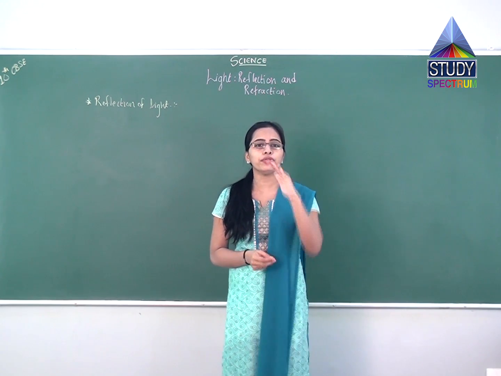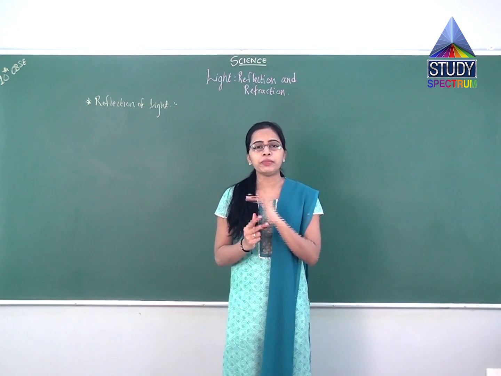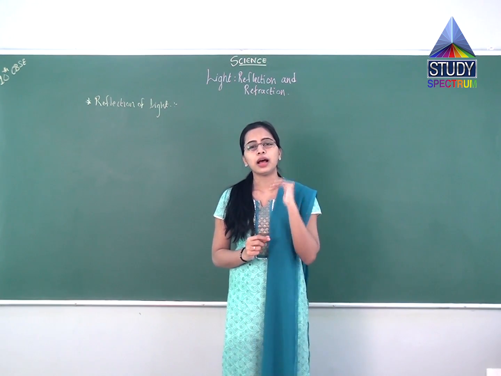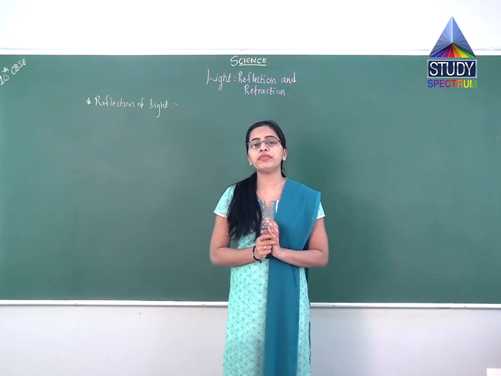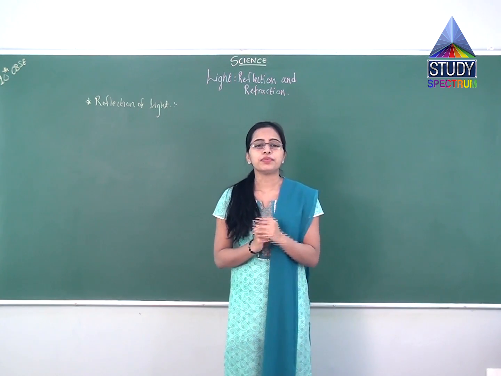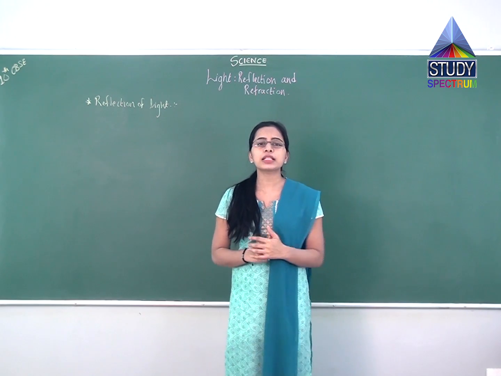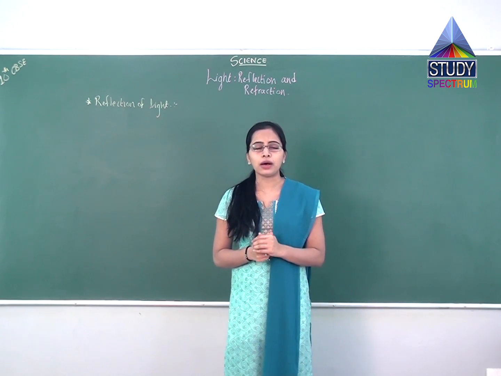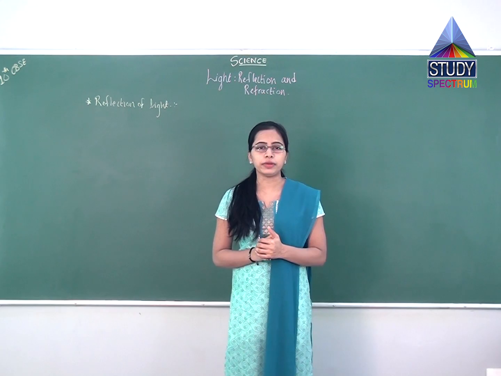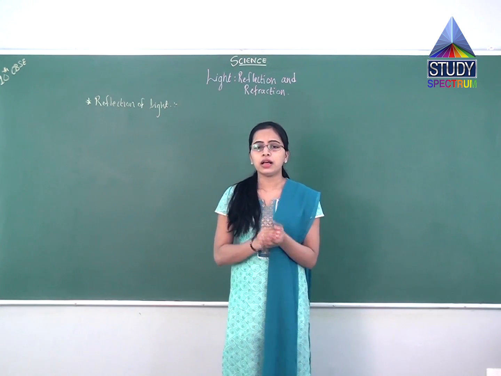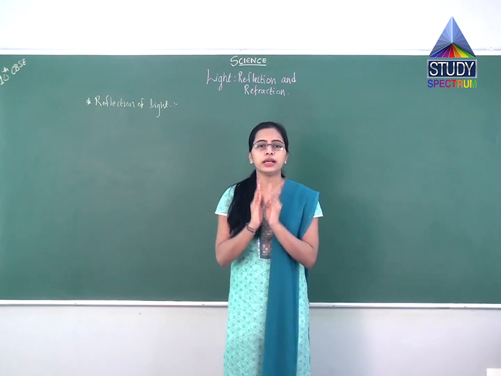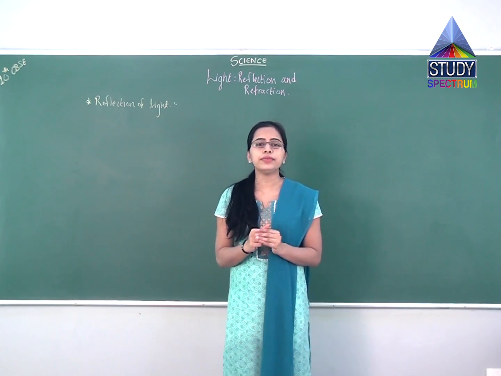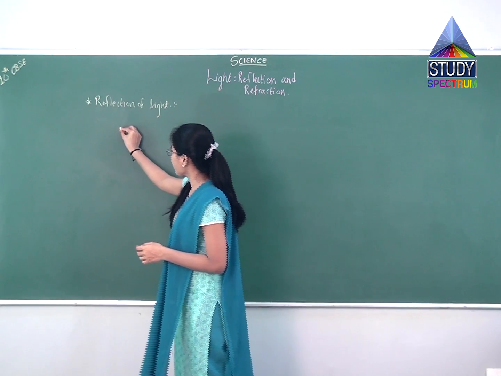So these kinds of curved surfaces are called spherical mirrors. Today we will learn more about spherical mirrors. There are two types of spherical mirrors. One is the mirror in which the inner portion is tilted inward. It's like this, you will say.